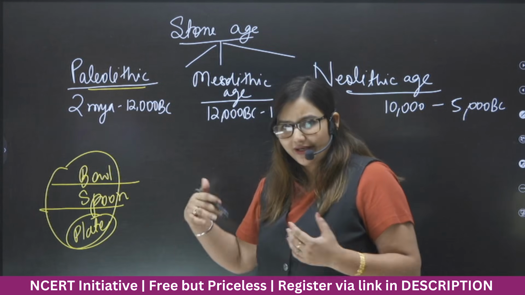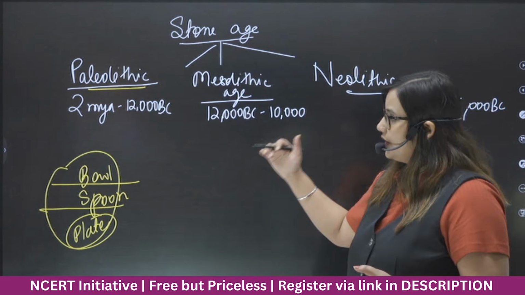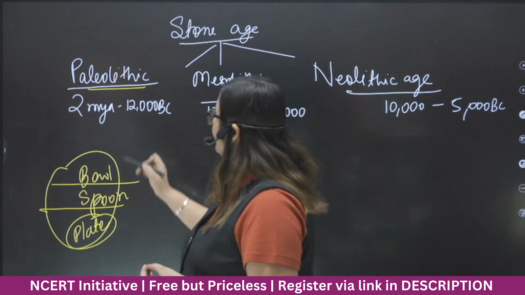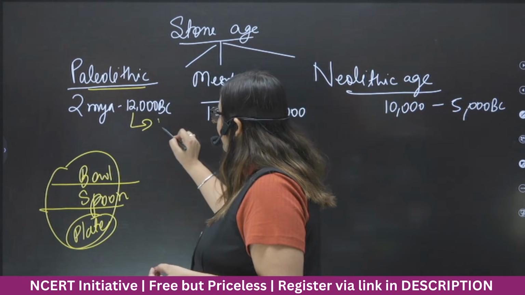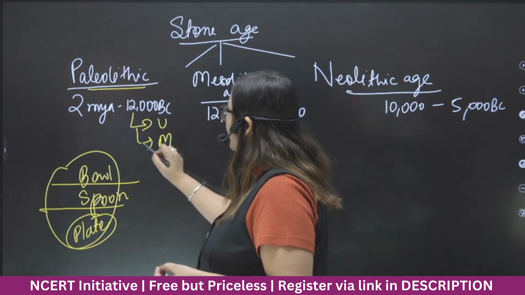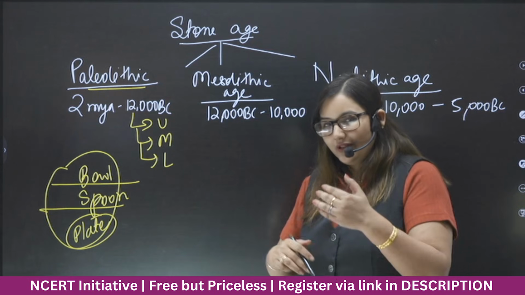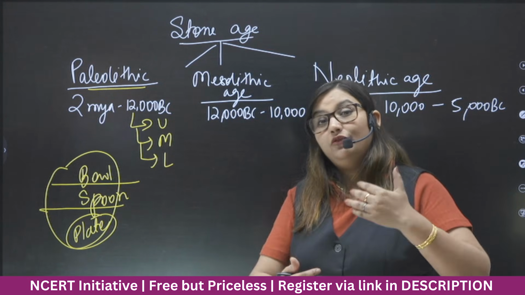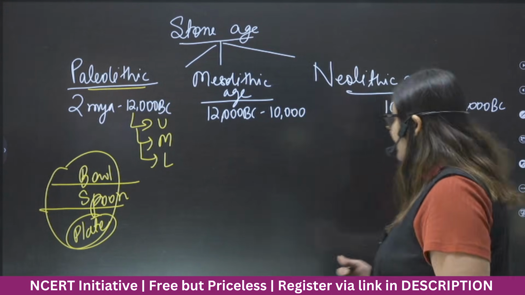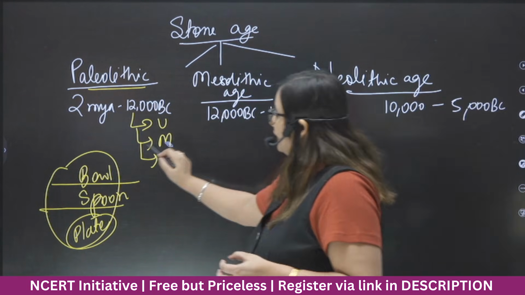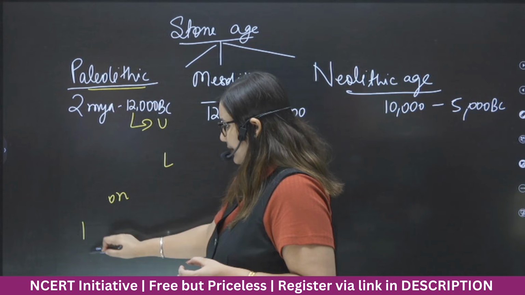So you can make a chart like this, and you can write that the Paleolithic Age can be further divided into Upper, Middle and Lower Paleolithic Age. Fine. And with every division, you'll see a kind of progress in human civilization, in life, in attitude, in all the types of developments.